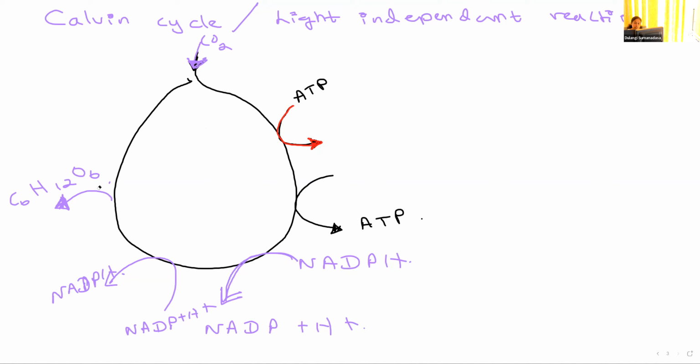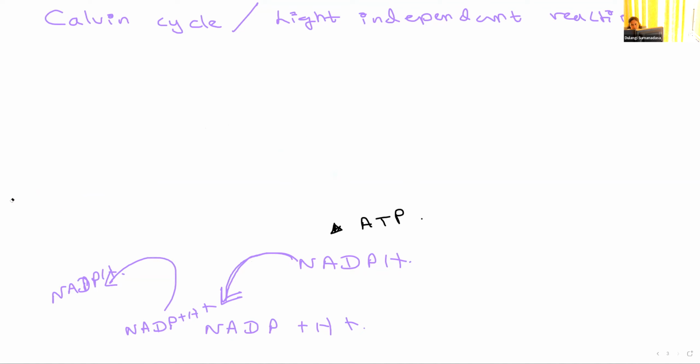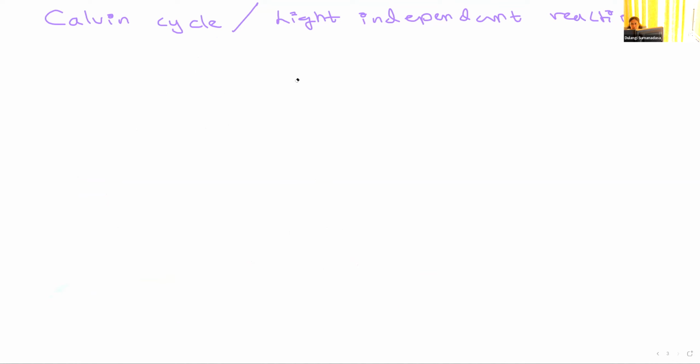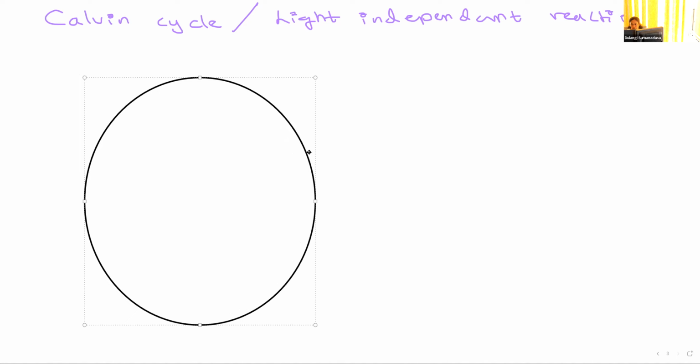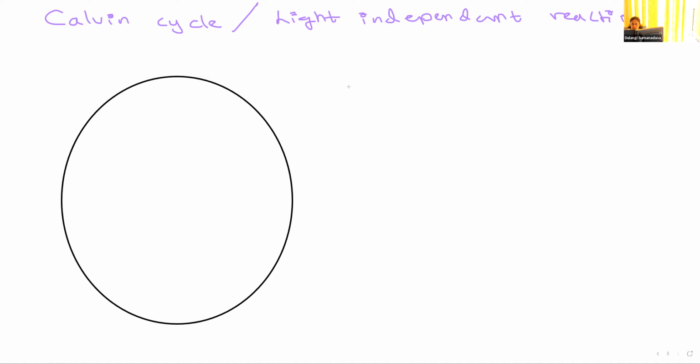Right, so let's draw the Calvin cycle. The first thing is the Calvin cycle is going to contain a substrate known as ribulose bisphosphate.